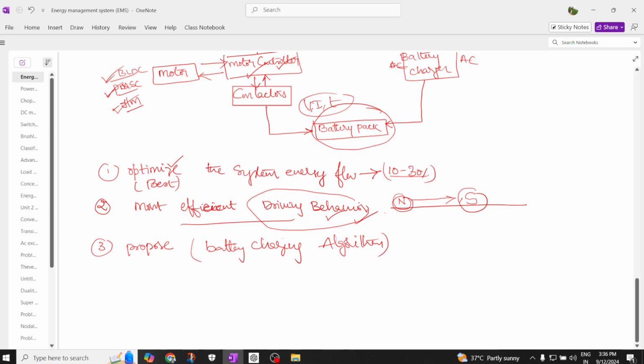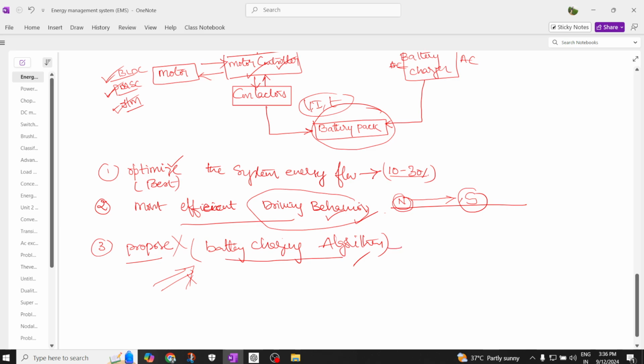For example, you are continuously charging the battery, and it will give a pop-up message that your battery is full, don't charge the battery further. If you don't take any action, it will automatically disconnect from the charger. That's why it proposes disconnecting the charger when the battery is full, and it prevents overcharging. It proposes the best battery charging algorithm.